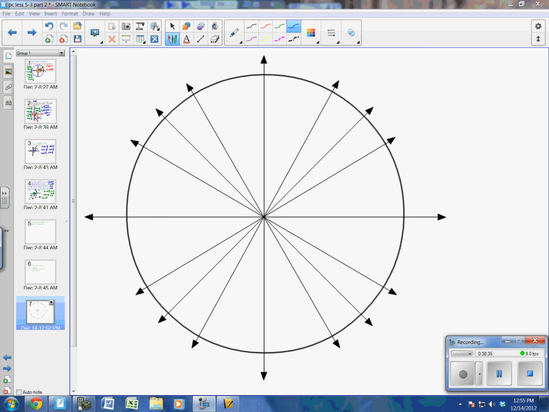Okay, I'm going to teach you right here. This is how you do it. What angle is this line coming out right here? 0 degrees. So everybody right here put 0 degrees. Now, this counts every 30 degrees, except for the 45-degree lines. So you go 30 degrees. Then what's 30 plus 30? 60.